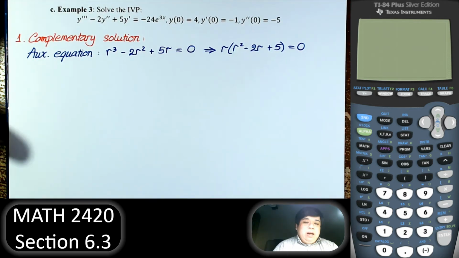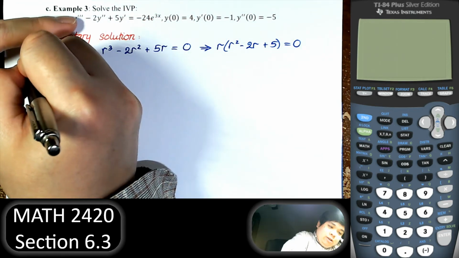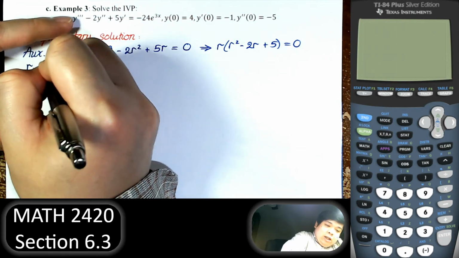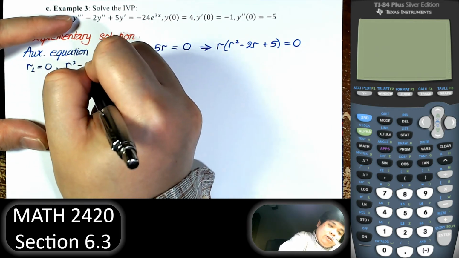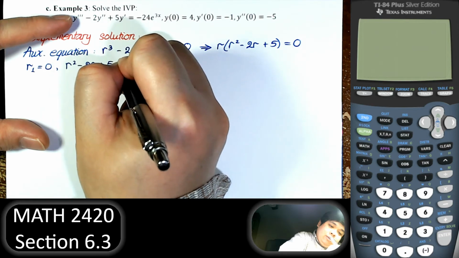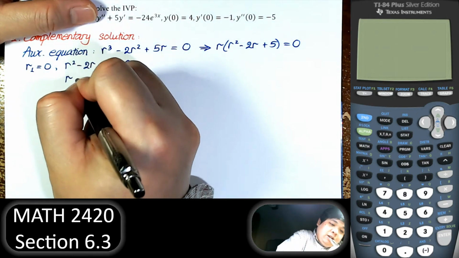Right? Now we have r equal to 0 and the other factor equal to 0. So we have r1 equal to 0, and then we have the equation. Right. For this one I have to use the quadratic formula.